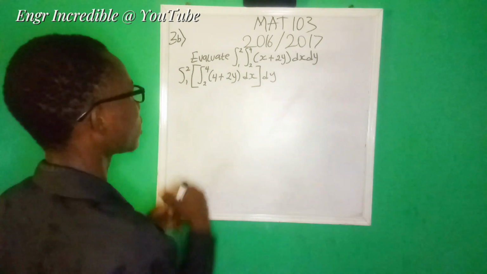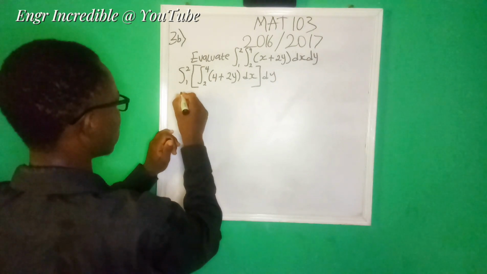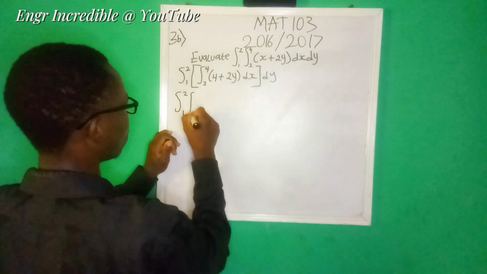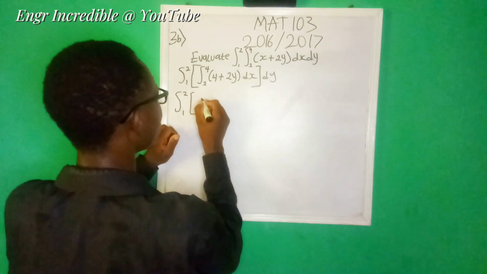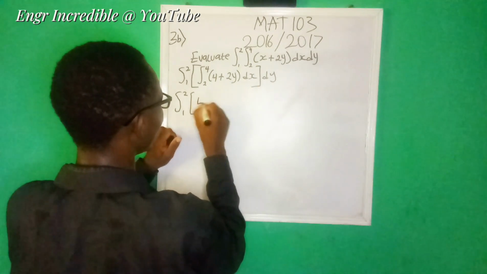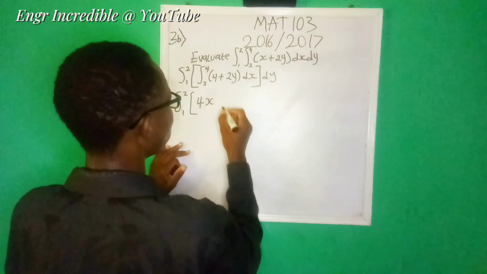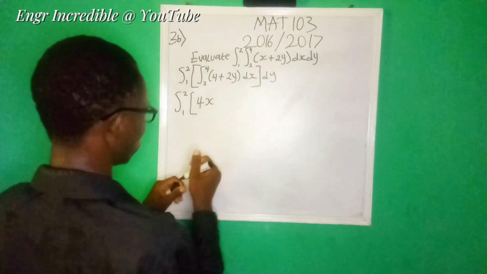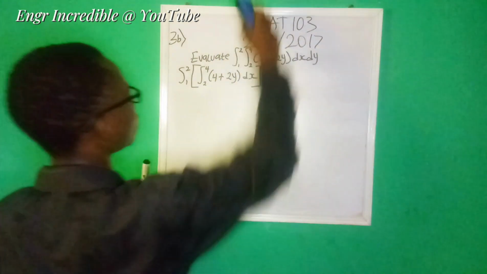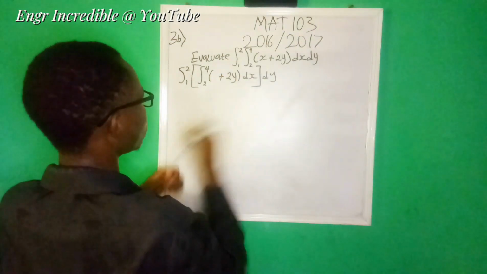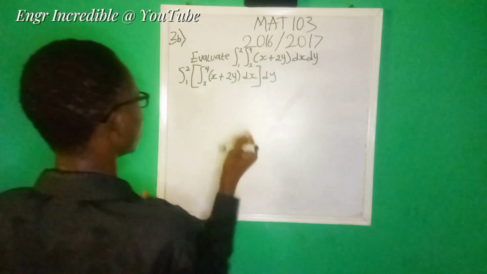Solving the one inside the bracket now, we have the integral from 1 to 2, open our brackets. Then inside the brackets, after integrating with respect to x, we start integrating.